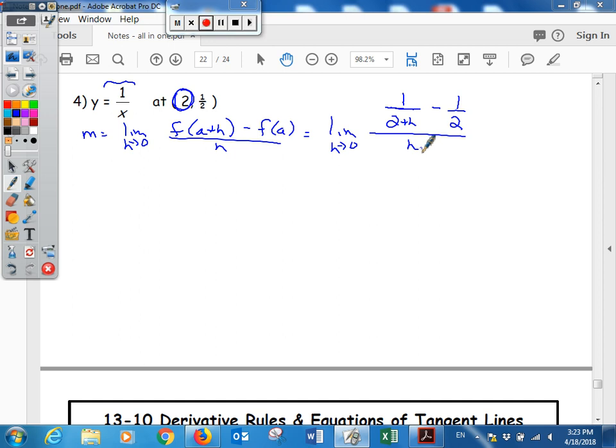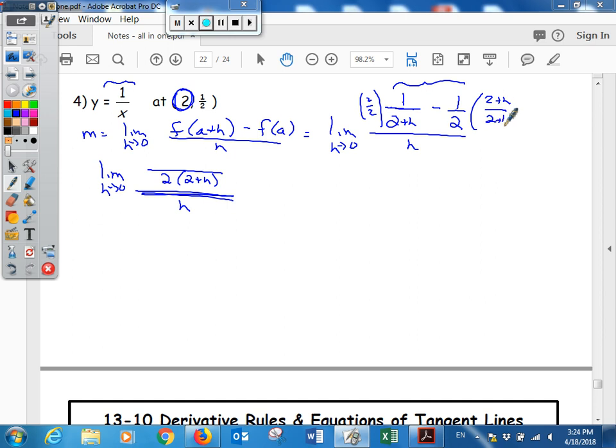Okay, so once again, if I were to plug the 0 in at this point, I would get 0 in the denominator, 0 in the numerator, so we need to manipulate. We've got fractions on top, so we want to combine those together, get a common denominator. So the common denominator would be 2 times 2 plus h. The numerator, I would multiply this one times 2 over 2, the second one by 2 plus h over 2 plus h.